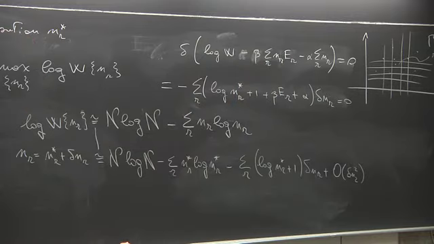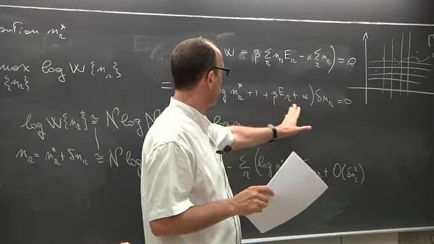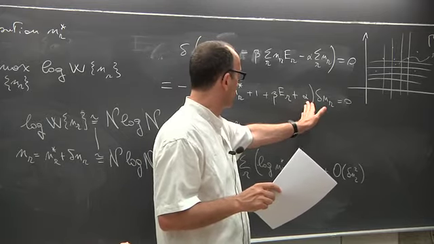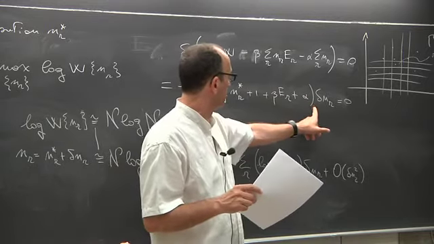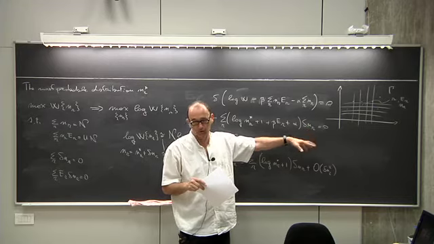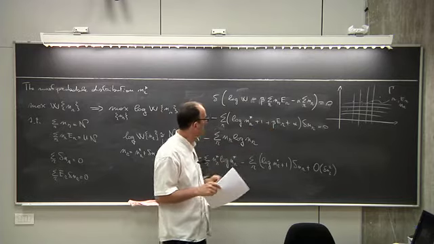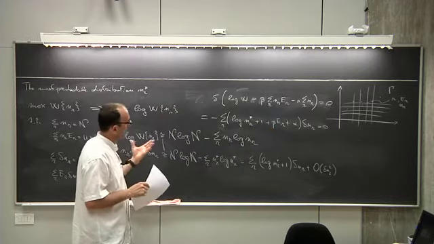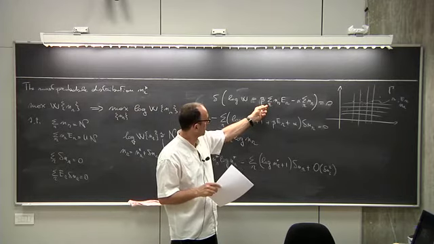So you see, for any given beta and alpha, this variation must be 0 for all values of delta n r, for all possible variations.